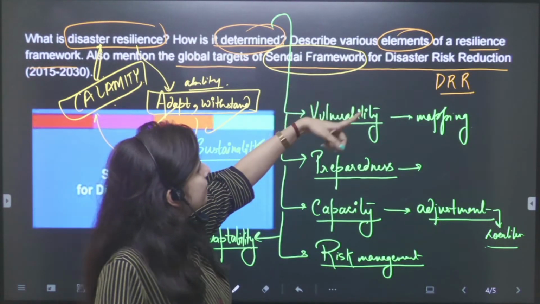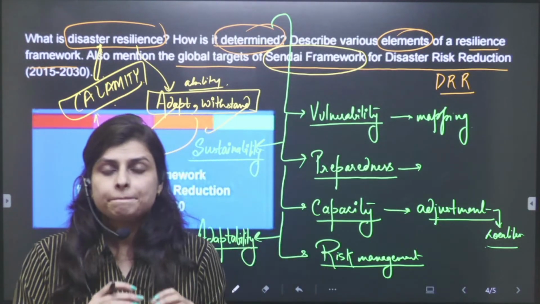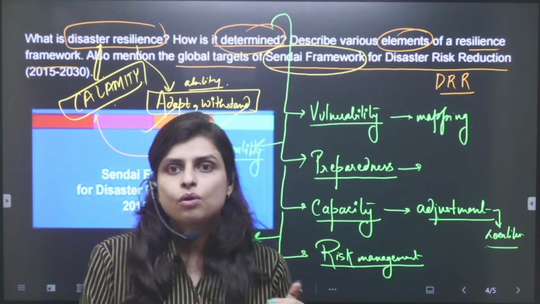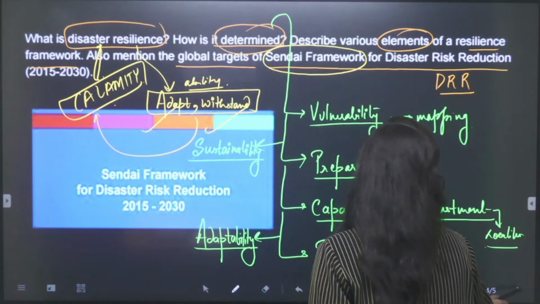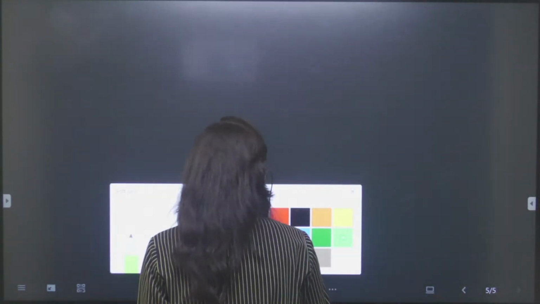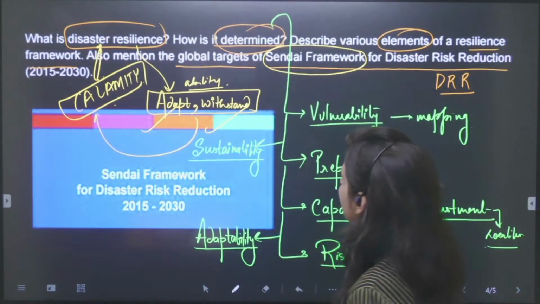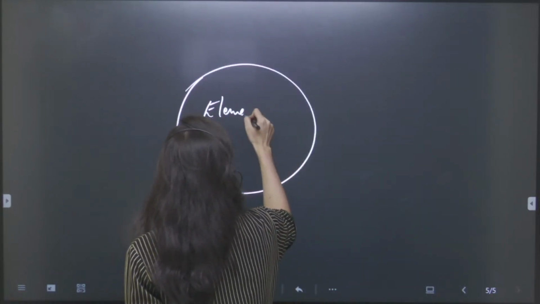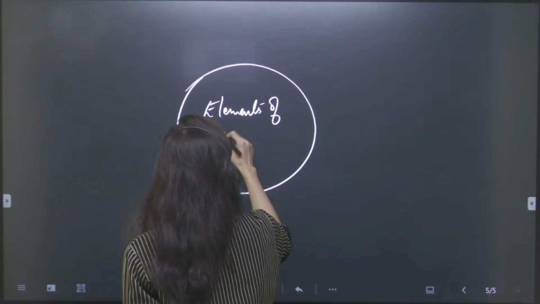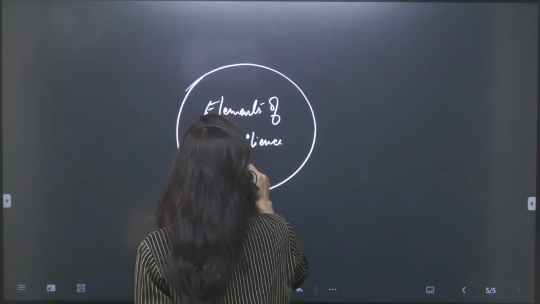Now describe various elements of a resilience framework. Do you know about the elements of a resilience framework? So, elements of resilience framework.